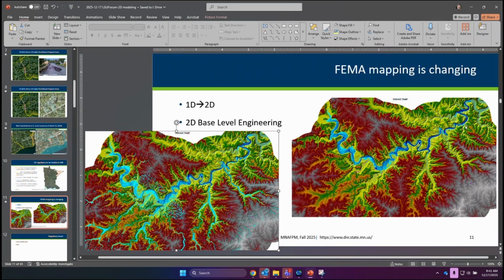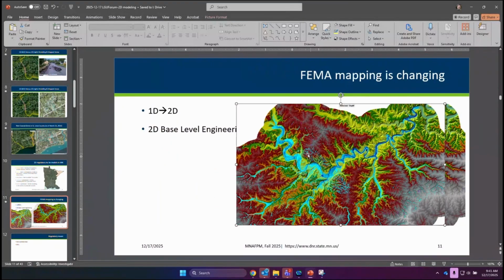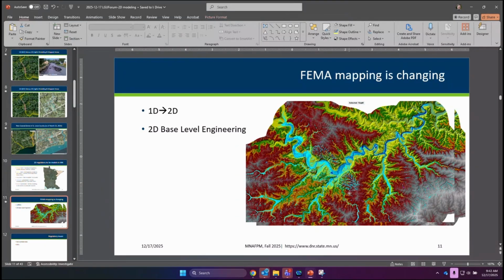But these 2D models will give you that floodplain on the main stem of the river, and also information on all the tributaries that come into it. These tributaries may not be mapped for a regulatory purpose, but it's still really valuable information that communities can use to help understand flood risk for siting development or critical infrastructure, because not all these tributaries are mapped on FEMA floodplains.